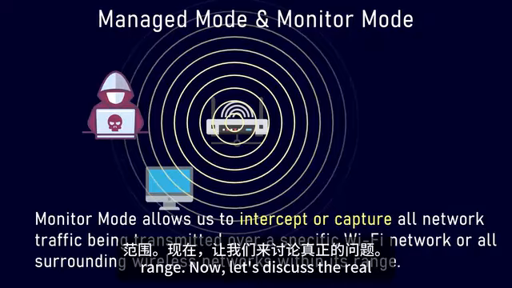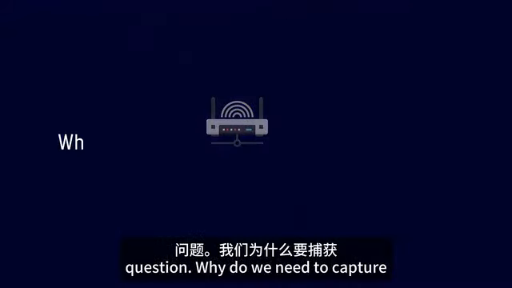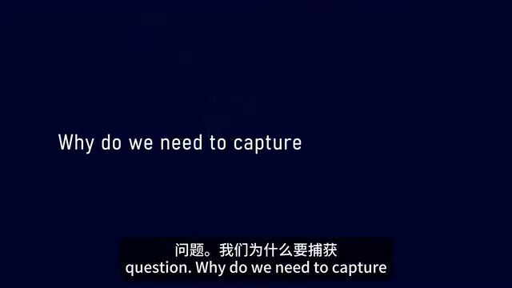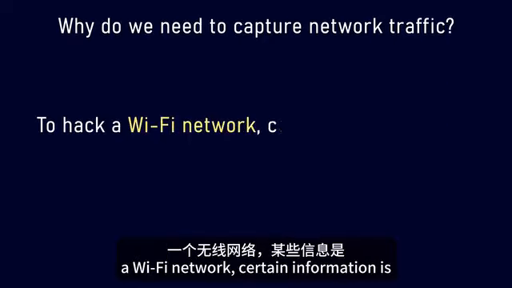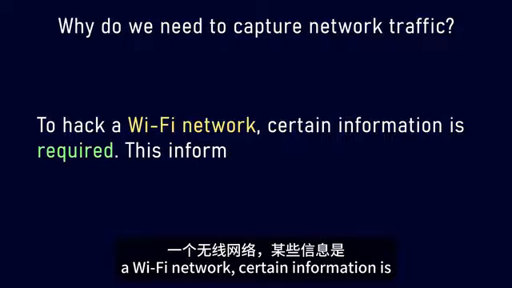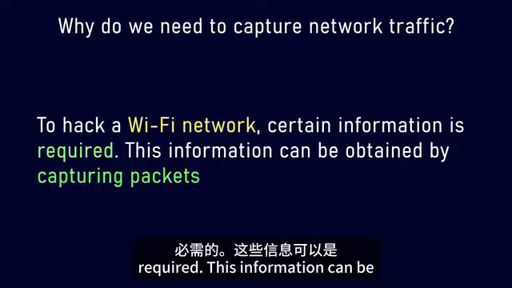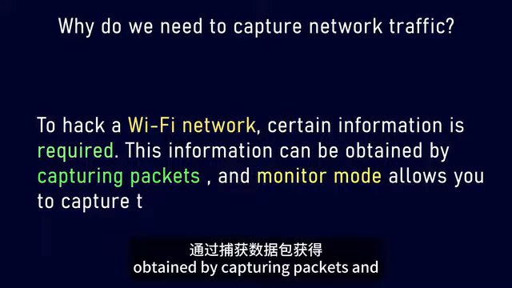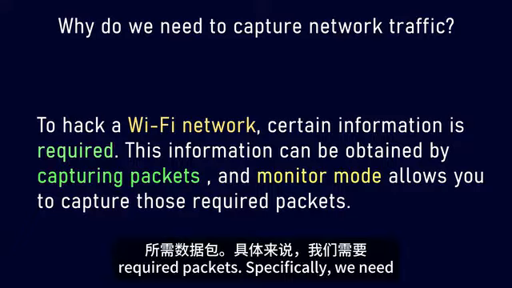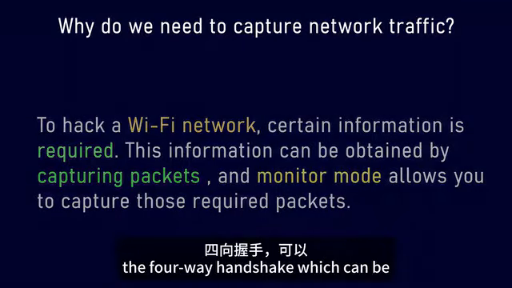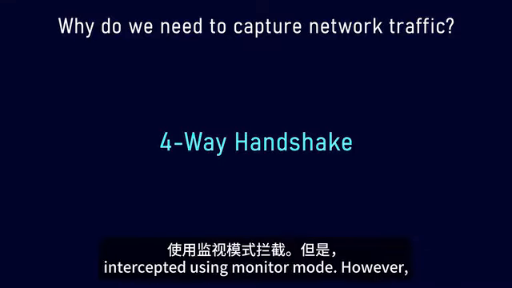Now let's discuss the real question: why do we need to capture wireless network traffic? To hack a Wi-Fi network, certain information is required. This information can be obtained by capturing packets, and monitor mode allows you to capture those required packets. Specifically, we need the four-way handshake, which can be intercepted using monitor mode.